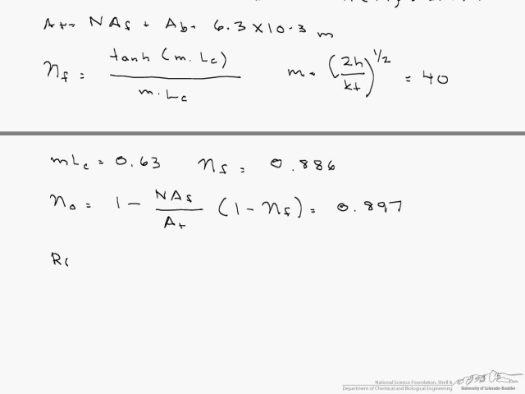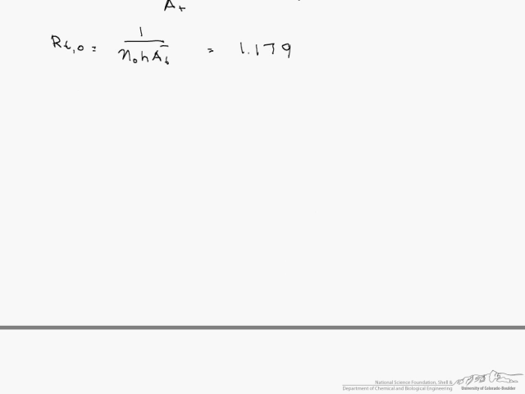So now it's time to start putting things together to find that total resistance. This overall resistance from the array is 1 divided by this eta sub 0 that we just calculated, times H times the total area, which equals 1.179. So let's put in our other resistances. Our contact resistance, which is the number that we were given, divided by W squared, is 0.0022.